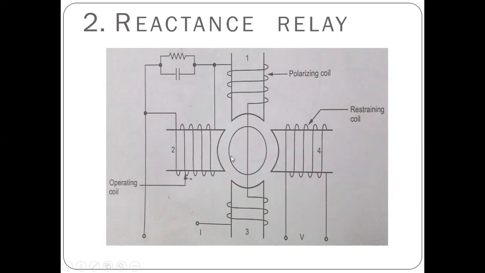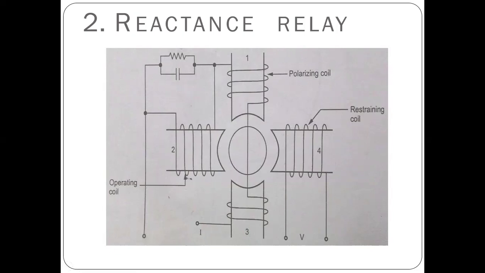Because of this, the operating torque is proportional to the square of the current, and the restraining torque is proportional to the product of voltage and current. When the torque is produced, the disc moves.